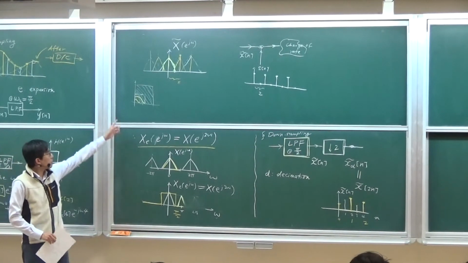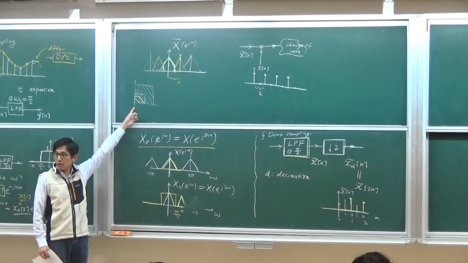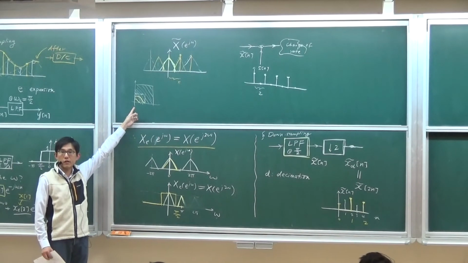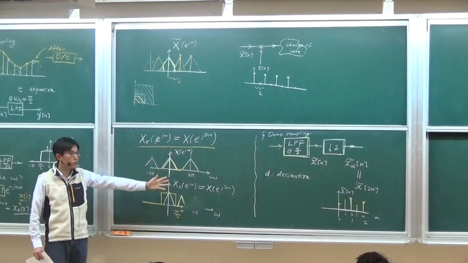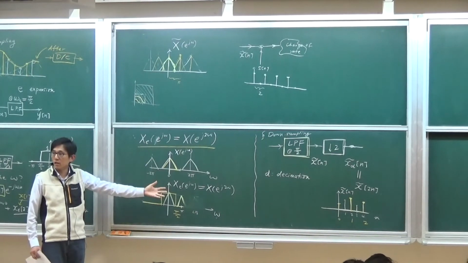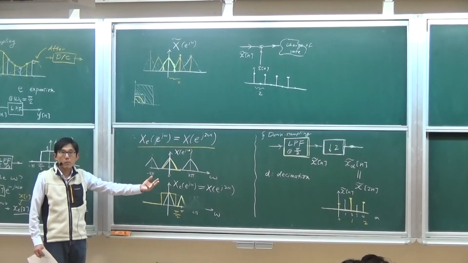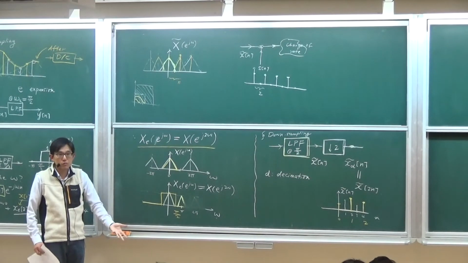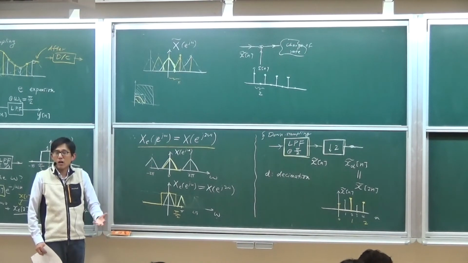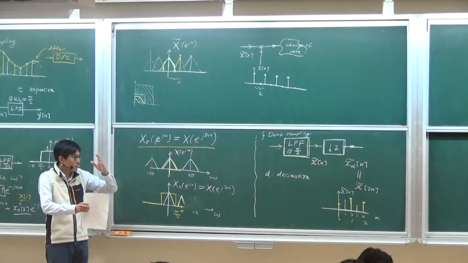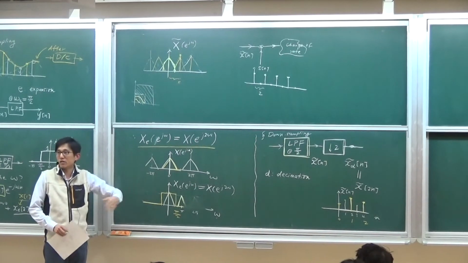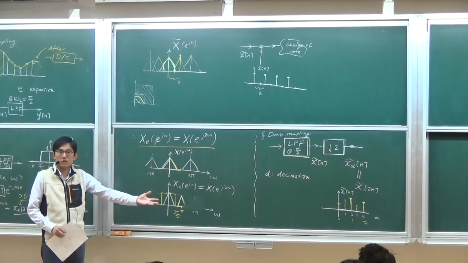Otherwise, we see artifacts like that in the image domain, and similarly in the time domain. Some high frequency component might appear at low frequency, and that's really bad. You can argue that's worse than just getting rid of all the high frequency to begin with.